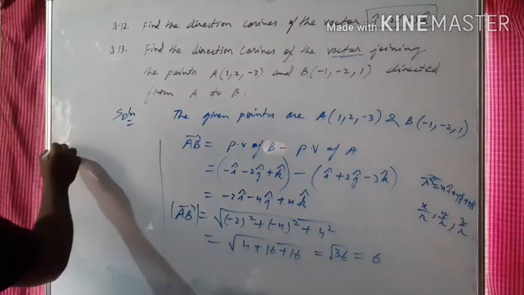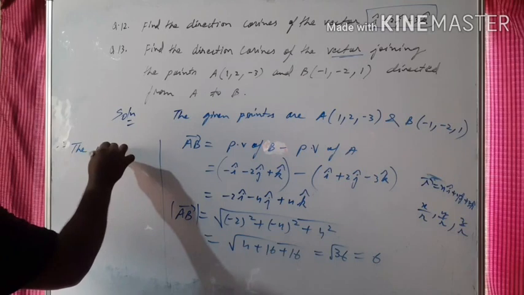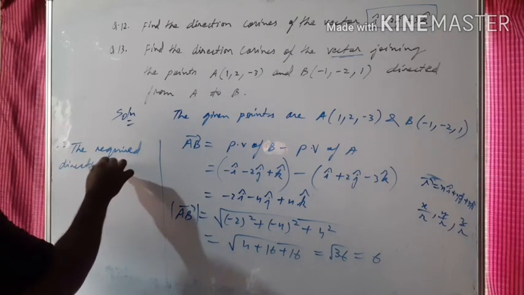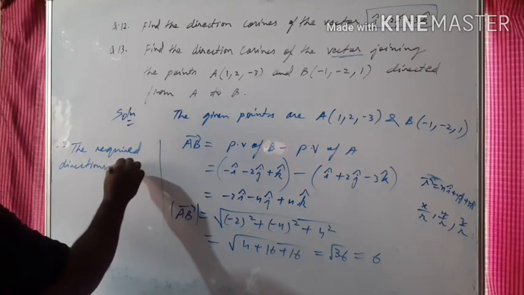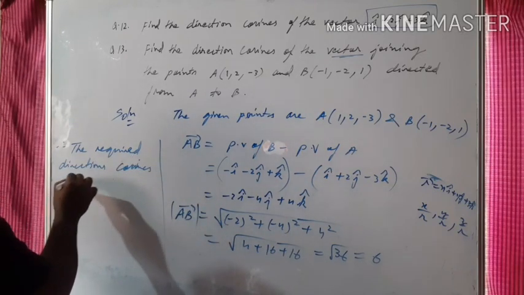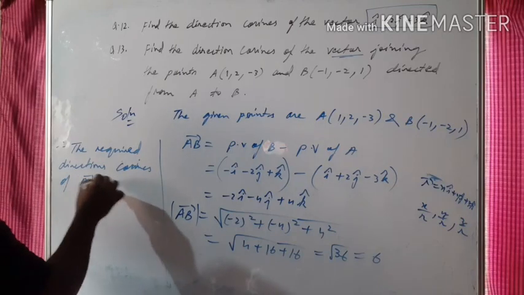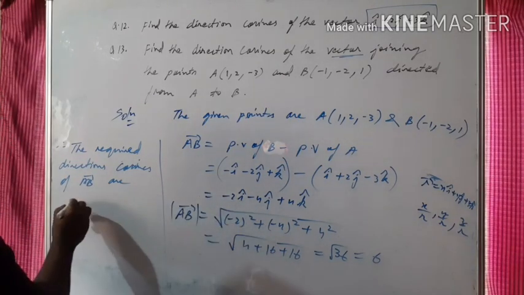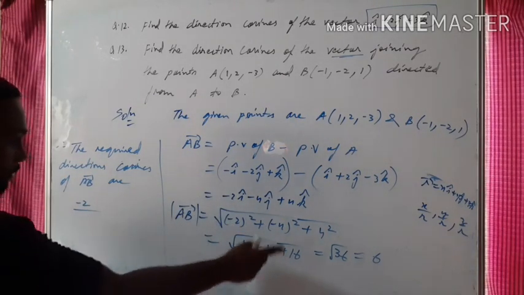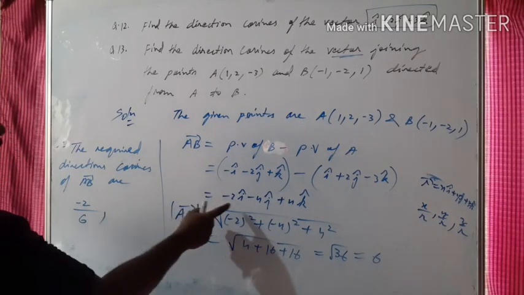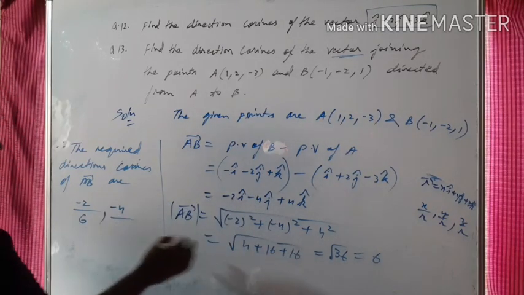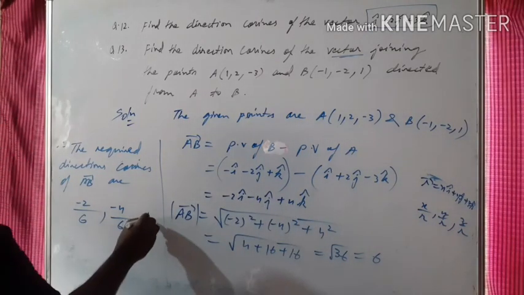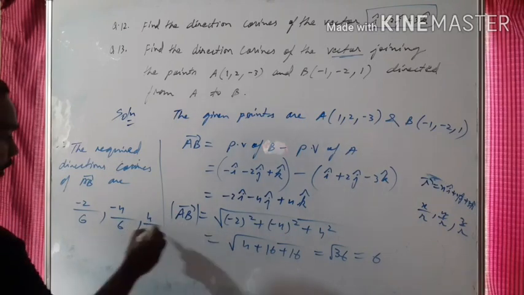Therefore the required direction cosines of the AB vector are: the i component is -2 divided by its magnitude 6, the j component is -4 divided by the magnitude 6, and the k component is 4 divided by the magnitude 6.